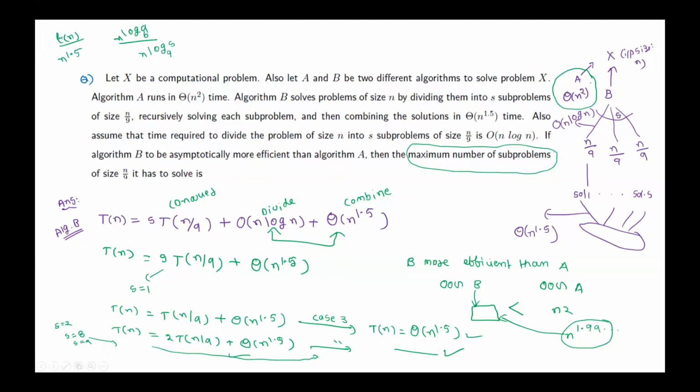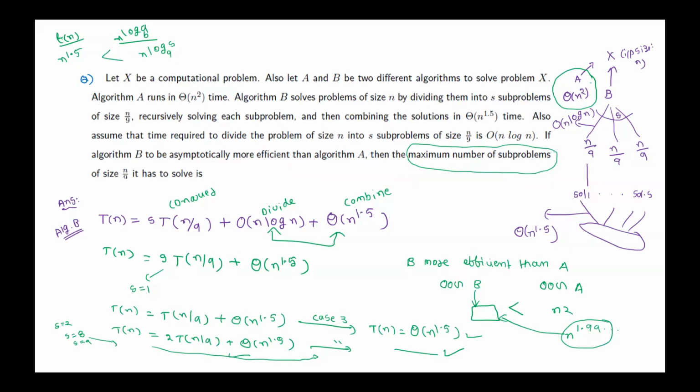What do we want now? The value of S can be even n power log s base 9, it can be even more than this. That is no problem. Which case of master theorem is applicable in this case?